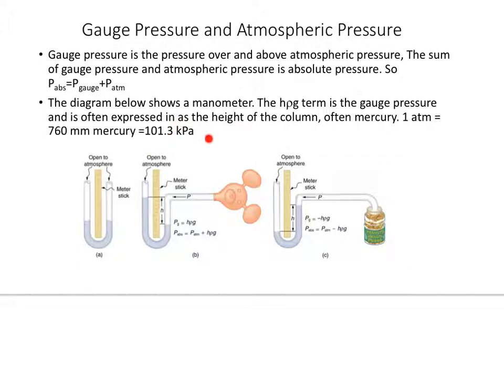Now this is the same pressure as we used before, only we used 1.013 times 10 to the 5th pascals. So if you convert that to kilopascals, you end up with this 101.3.